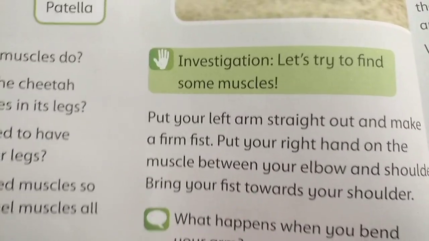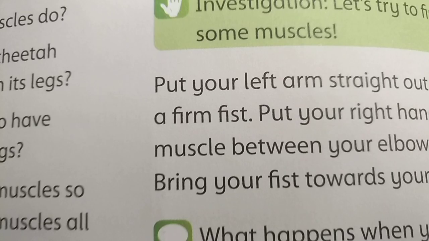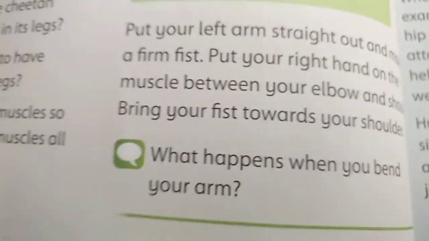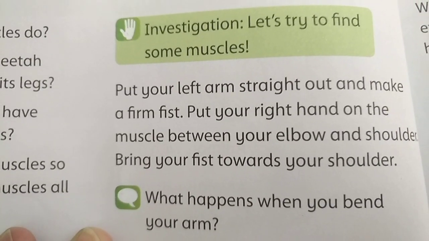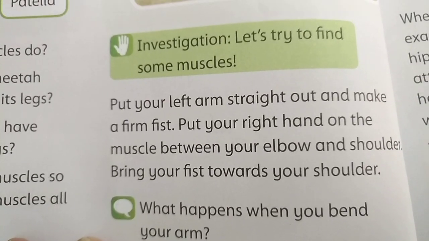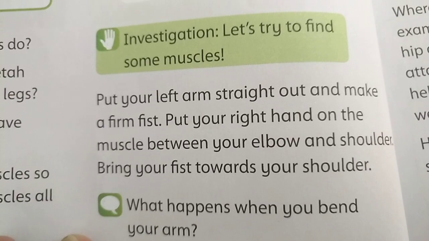Investigation. Let's try to find out some muscles. I have performed this investigation in my lesson first, but I'm reading it here once again for you people. Put your left arm straight out and make a firm fist. Put your right hand on the muscles between your elbow and the shoulder. Bring your fist toward your shoulder.